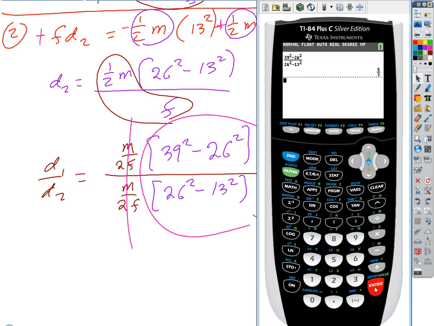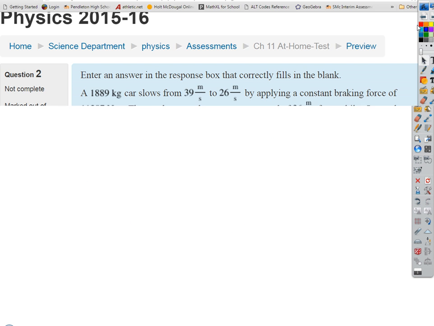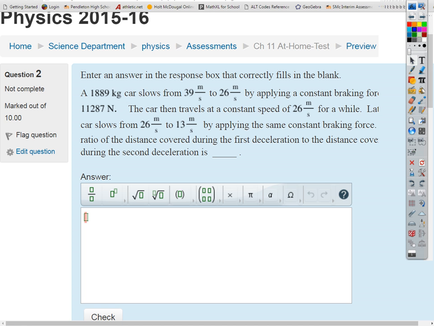So if I turn that into a decimal, that's just what, 2 places, just 1.7, right? So you travel 1.7 times further during the first deceleration than you do during the second. Okay, how come? Well, because you've got more kinetic energy, right? Make sense? Okay. All right, so let's move on.